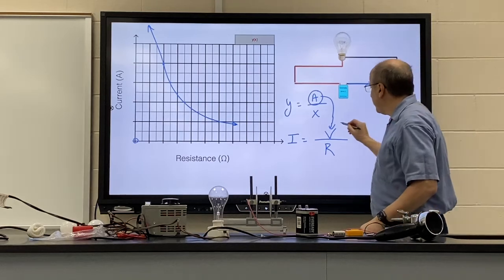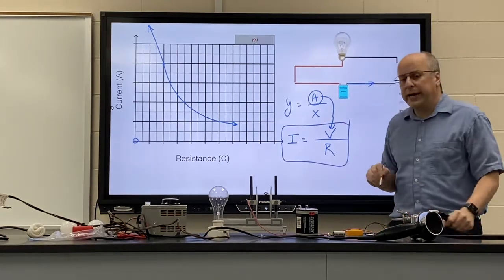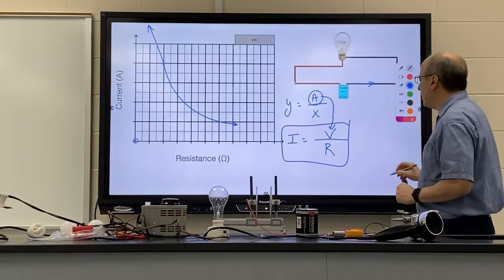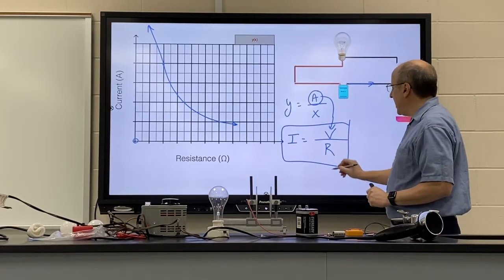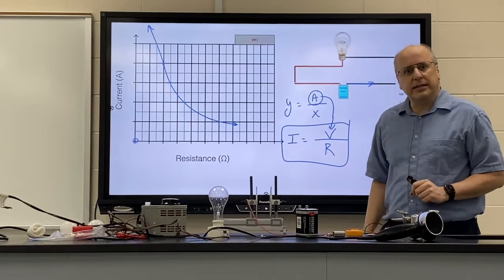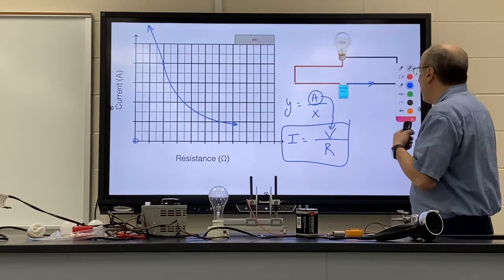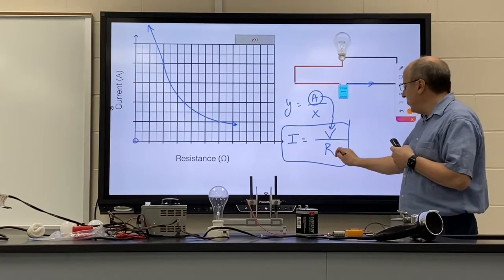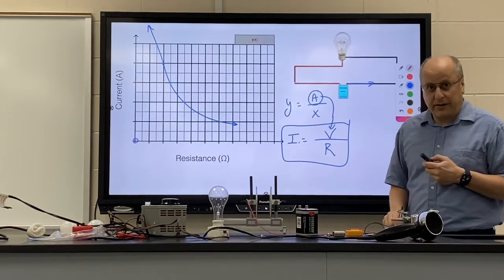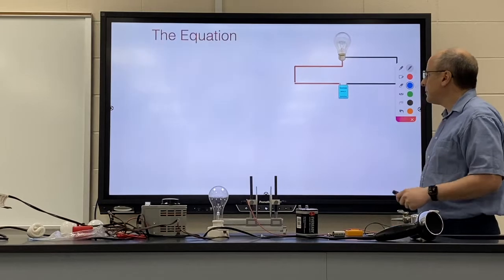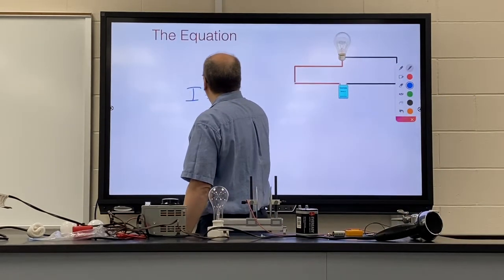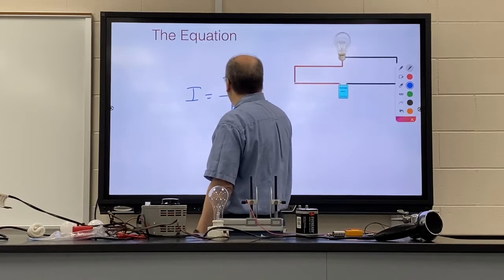So this equation is the magic equation that relates current, voltage, and resistance. These two are the independent, the current is the dependent. Higher voltage, higher current. Higher resistance, lower current. So the equation one more time: I equals V over R.